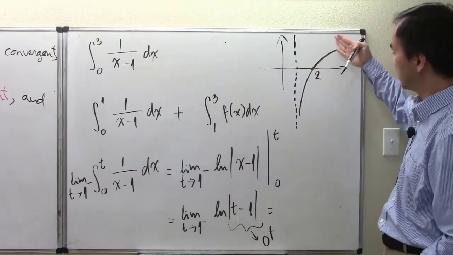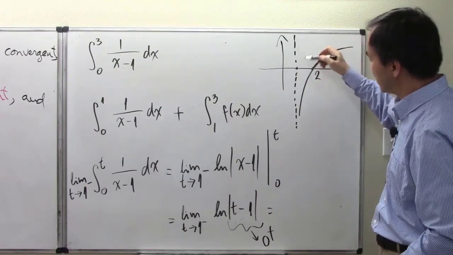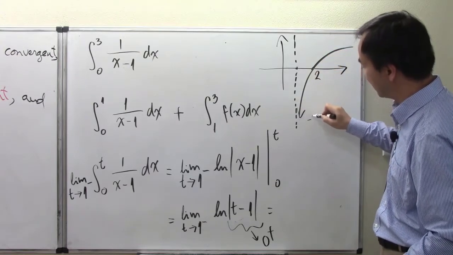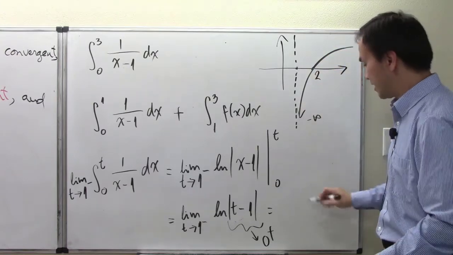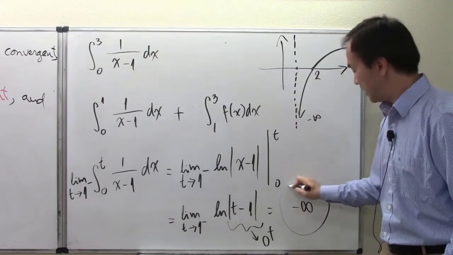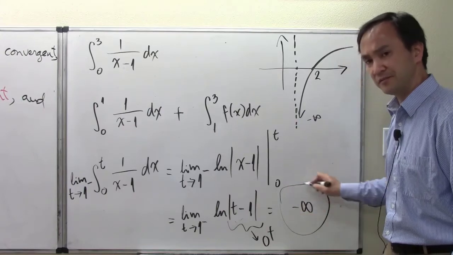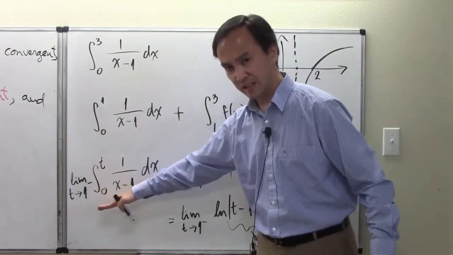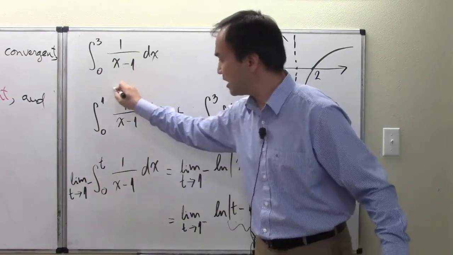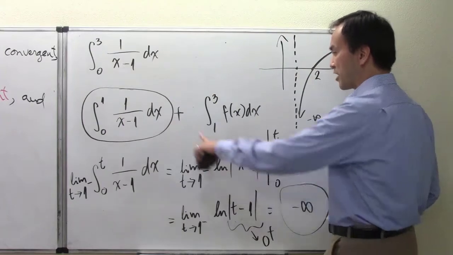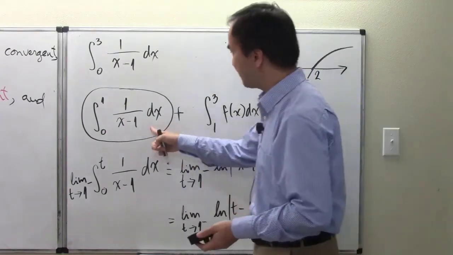So that means our function is going to keep dropping down to negative infinity. And now we're looking at negative infinity, which is an infinite limit. So this particular limit is a divergent one, and this improper integral will be a divergent one.